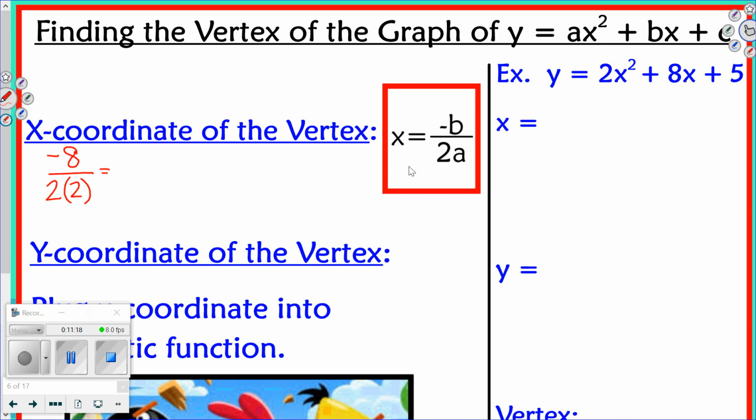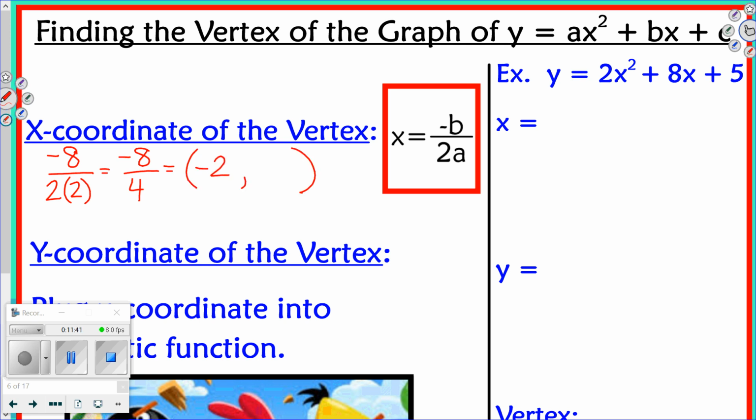Now, here's my suggestion. Can you do the bottom in your head? Clean up the bottom first. So 2 times 2 is 4. Fish is the only other acceptable answer. All right. And then negative 8 divided by 4 is negative 2.